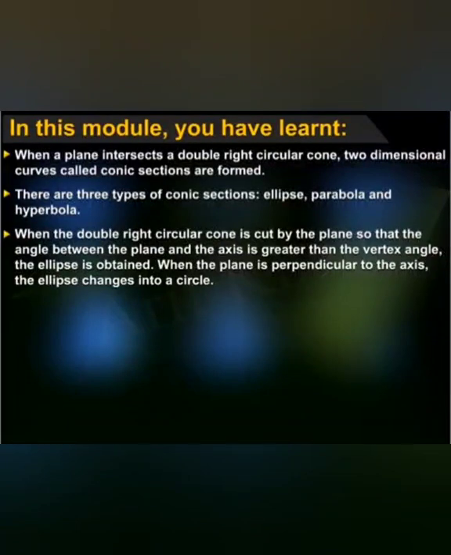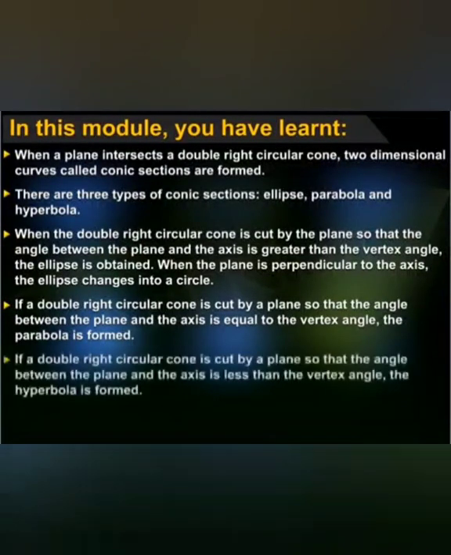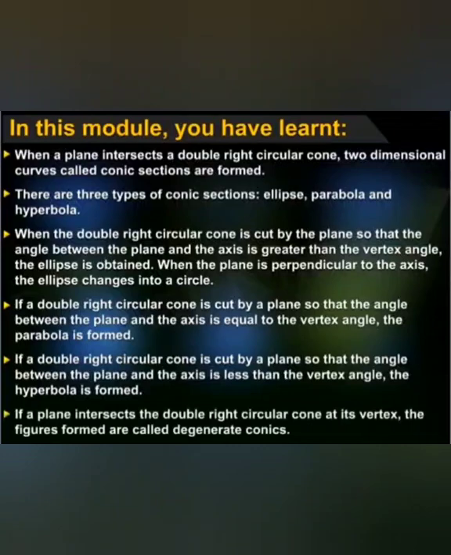When the plane is perpendicular to the axis, the ellipse changes into a circle. If a double right circular cone is cut by a plane so that the angle between the plane and the axis is equal to the vertex angle, the parabola is formed. If a double right circular cone is cut by a plane so that the angle between the plane and the axis is less than the vertex angle, the hyperbola is formed. If a plane intersects the double right circular cone at its vertex, the figures formed are called degenerate conics.